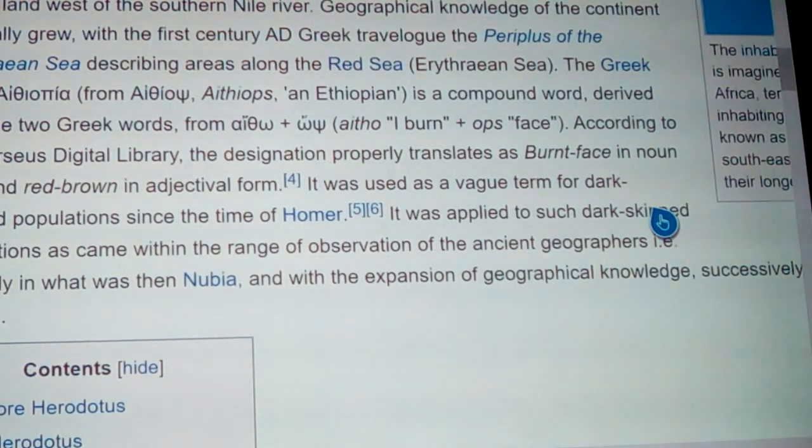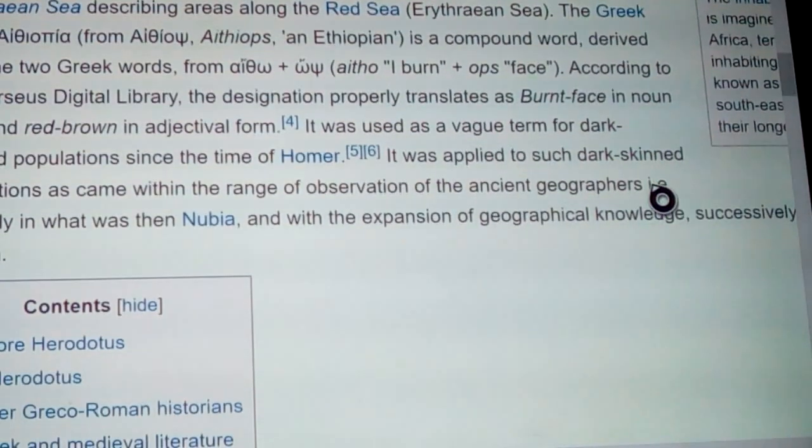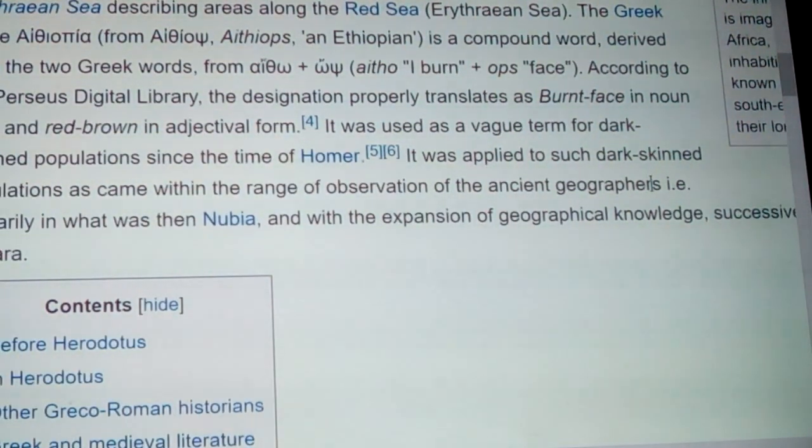So it really comes across to, according to Perseus Digital Library, the designation probably translates as burnt face in noun form or red-brown in adjective form. So kind of like a tan or a sunburnt type look. It was used as a vague term for dark-skinned populations since the time of Homer, and so anybody that had any look like that.